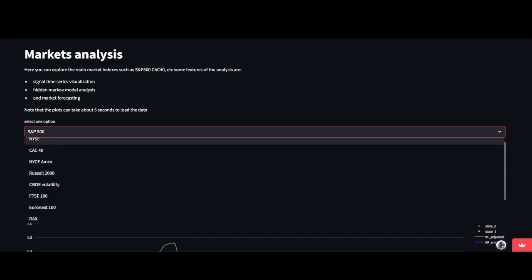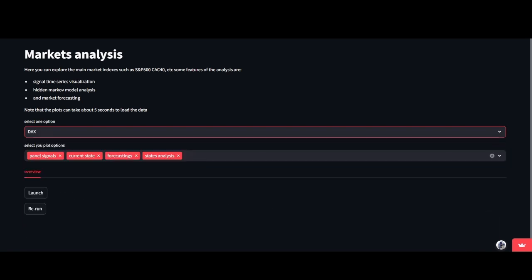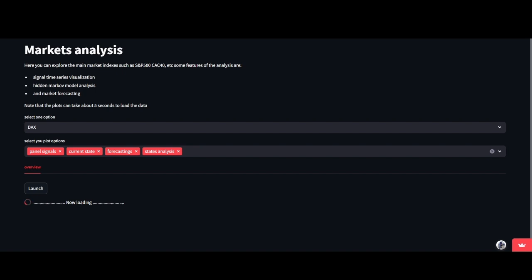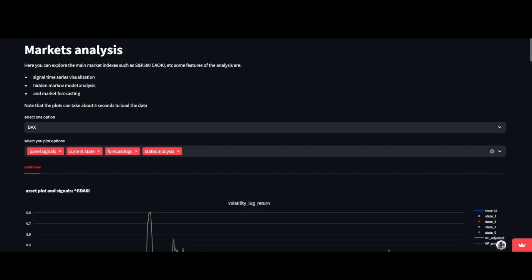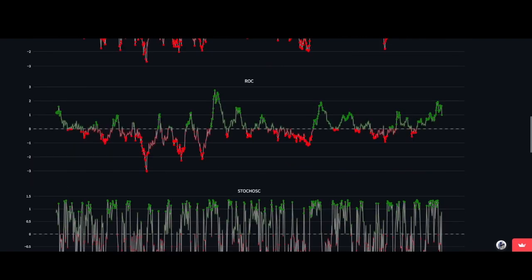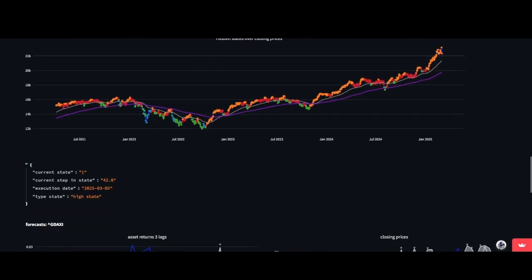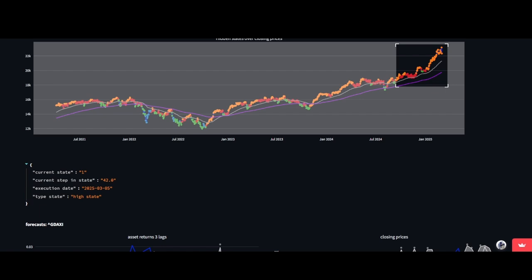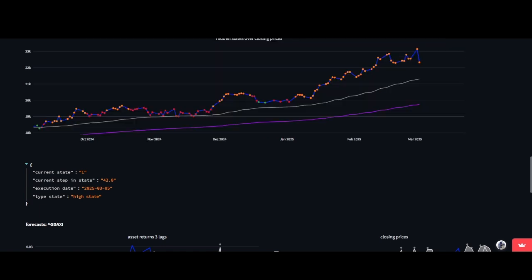Let's see the German market. It's loading. Okay, what do we have? Let's make some scoping. Okay, the German market was quite good.